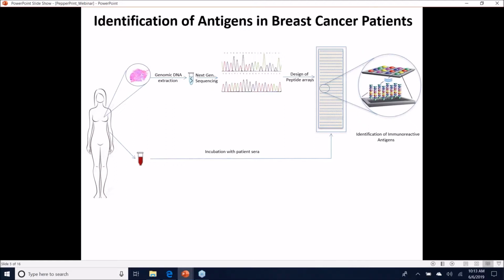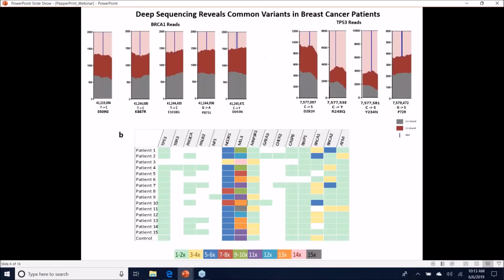And as you can see in the next slide, here's an example of high-depth sequencing, where we're showing the BRCA1 gene and the TP53 gene. Our exome capture was able to get about 1,300 or so reads from BRCA1 at this codon.